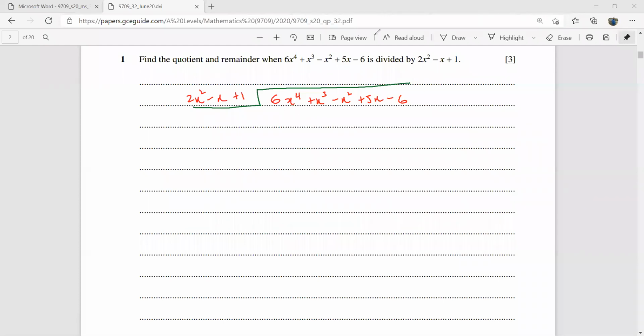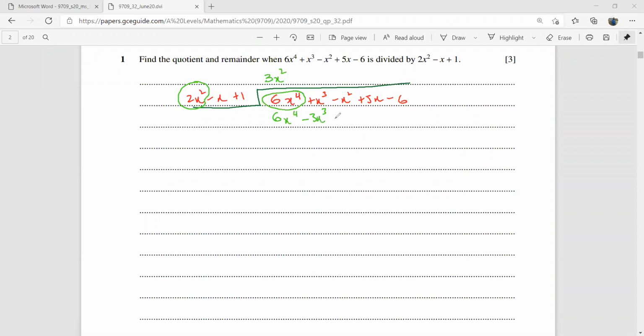Now you just look at the first term, the leading term 2x squared, and then look at this 6x^4. You have to see this into what will give you 6x^4. That is clearly 3x squared. So 3x squared into 2x squared will give you 6x^4. 3x squared into minus x will give you minus 3x cubed.